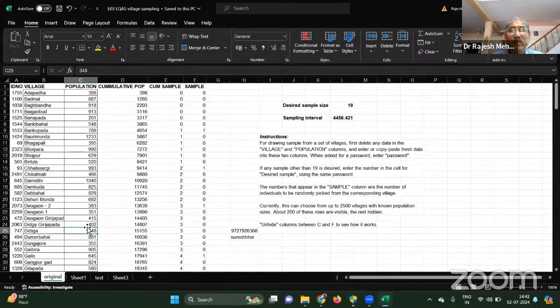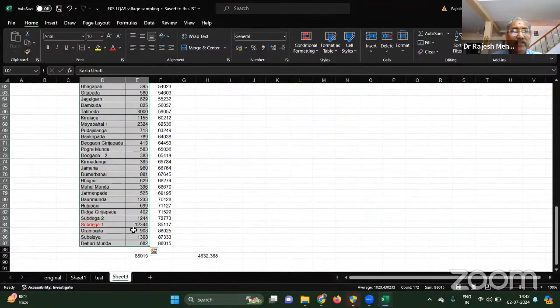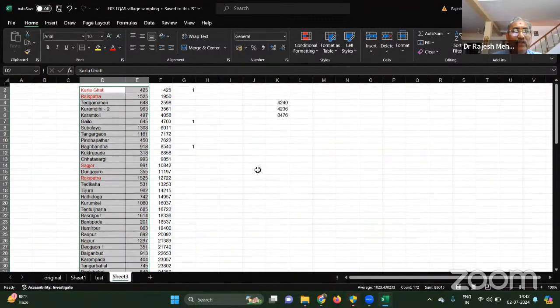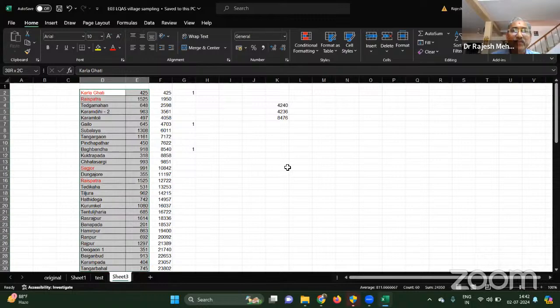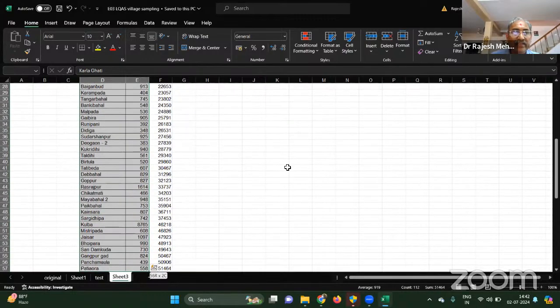A little bit of programming is done so that you can have your data over here from wherever you are. This is data of your taluka, the village list is there, or you can have the name of the school and number of children.